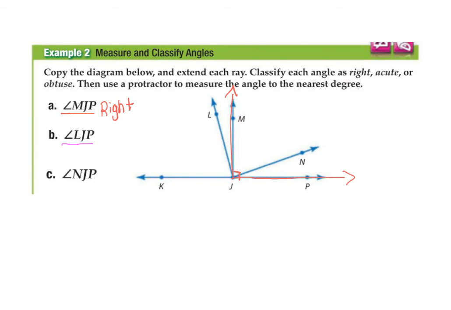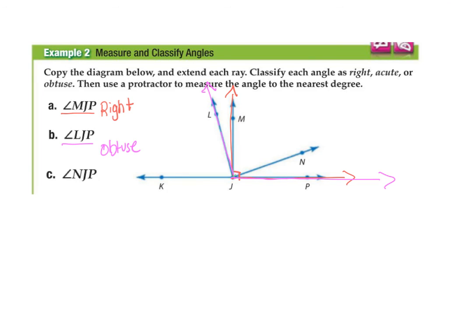For B, angle LJP is that purple angle, and that is obviously larger than the right angle, the 90 degrees, so this would be considered obtuse.